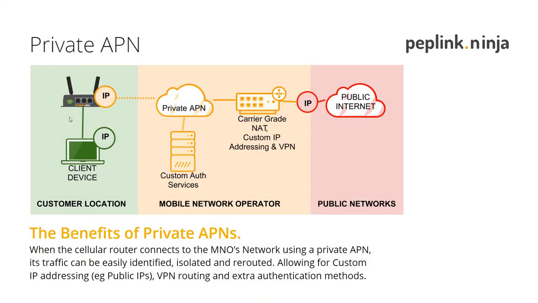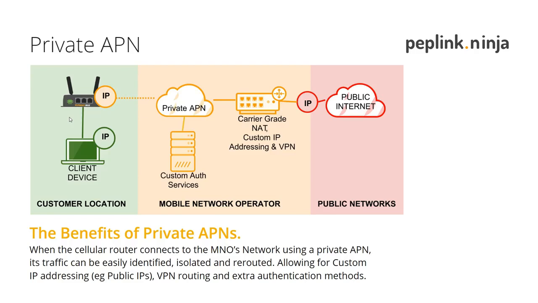So this is what a private APN looks like. Slightly different. Same scenario: SIM card goes in your router or your smartphone, but instead of using the public APN settings, you put in a private APN. And as soon as you do that, you're allowing the mobile network operator to identify the source of the traffic and do something different with it, right? So it's a bit like VLANing traffic.